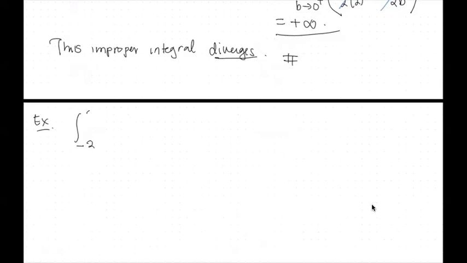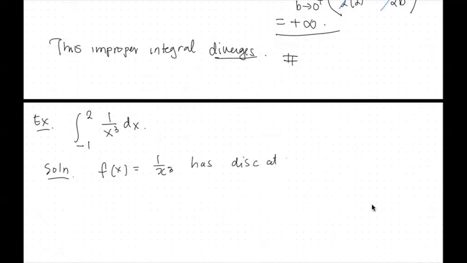We get the integral from negative 1 to 2 of 1 over x raised to 3 dx. So solution: our function, given by 1 over x raised to 3, the same as above, has discontinuity at x equal to 0. And 0 is between negative 1 and 2.